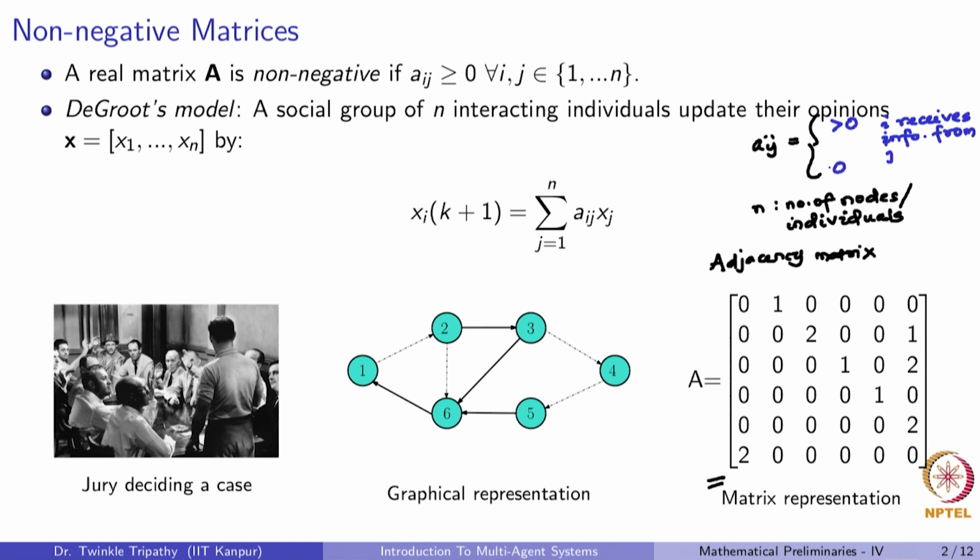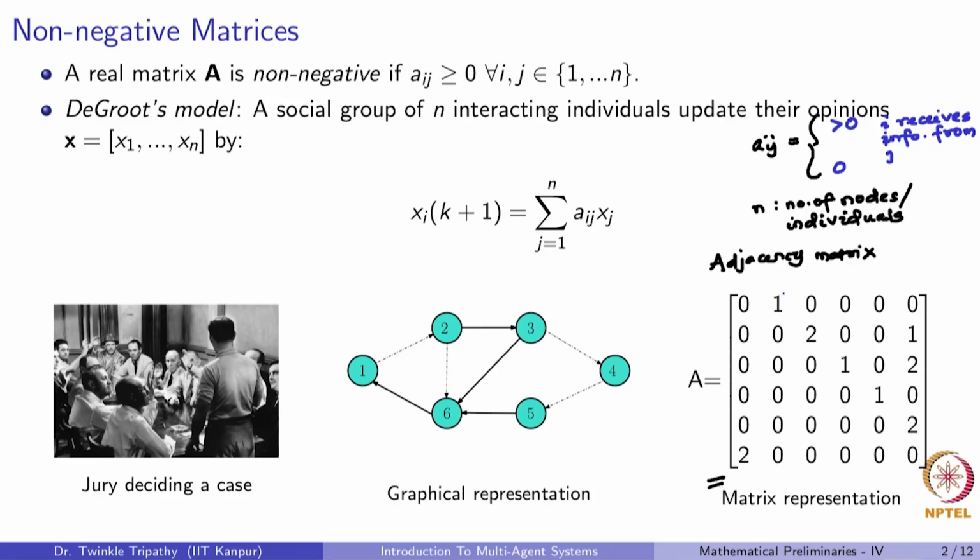And if it is equal to 0, it simply means that i and j do not communicate with each other. Now, applying this for every pair of individuals within the network, we have formulated this matrix where, if you see, the A_12 entry is non-zero. And we can see that there exists an edge starting from 1 and ending at 2, meaning 1 is receiving information from 2, which is reflected here.